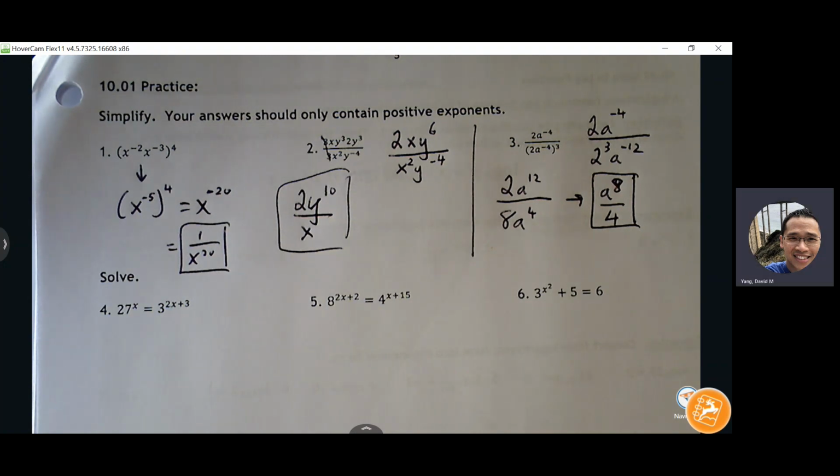Right, number 4, 5, and 6 are similar to what we saw before. We're going to force the bases to be the same so that we can just focus on the exponents.